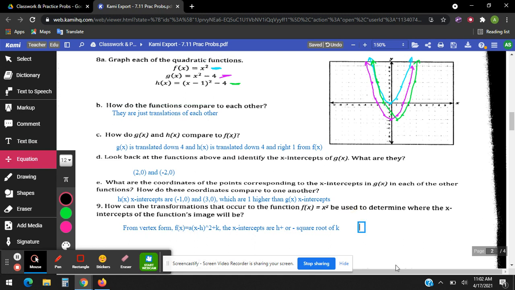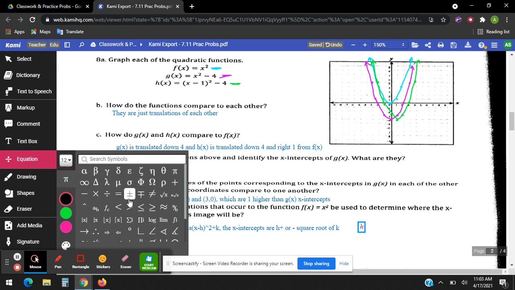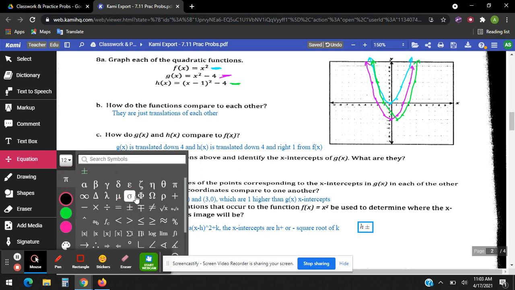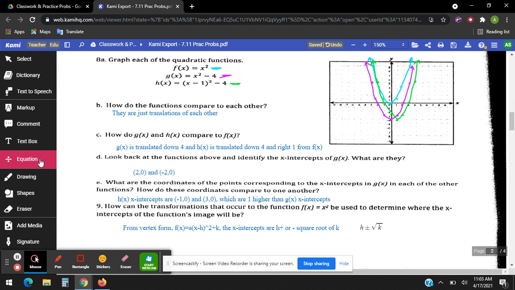So we have h, let me find my symbols here. Here's my plus or minus, and then I need a square root of k. Oh, okay. Well, that's what it looks like right in here.